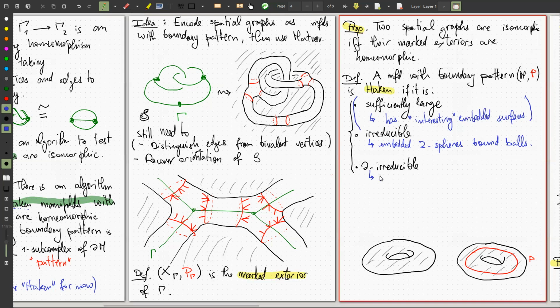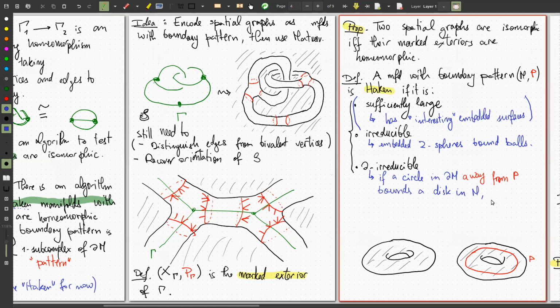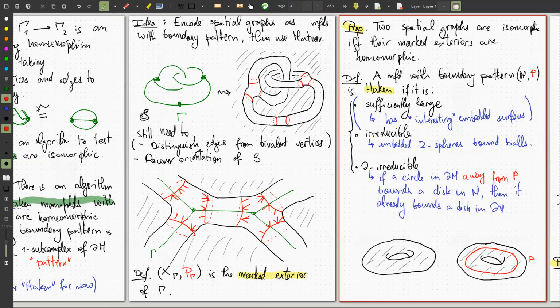What this says is that if a circle in the boundary that is away from P, disjoint from the boundary pattern, bounds a disk in M, then that circle already bounds a disk in the boundary of M. And this disk in the boundary is again clean.